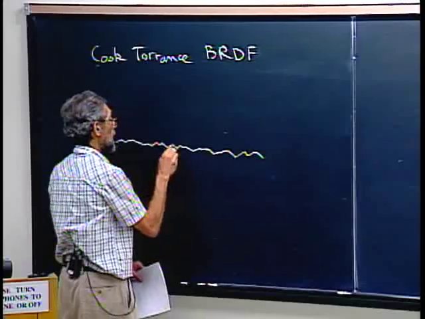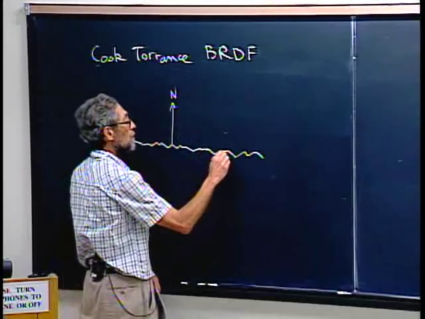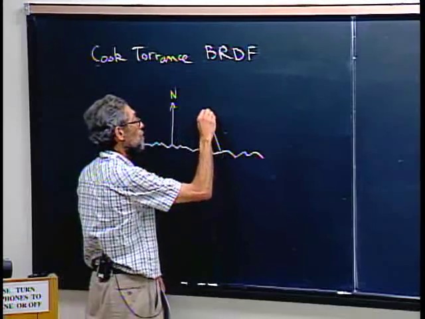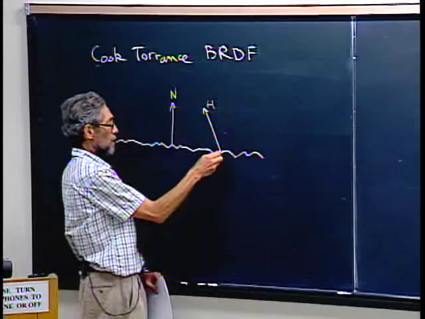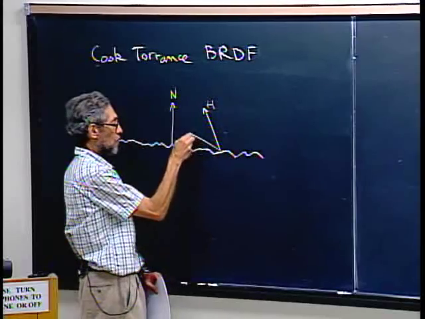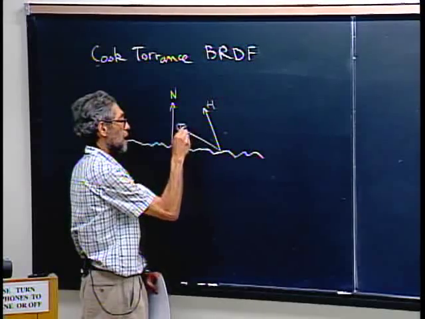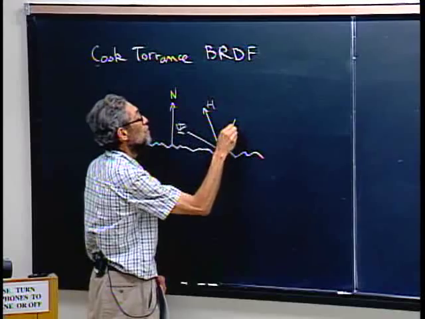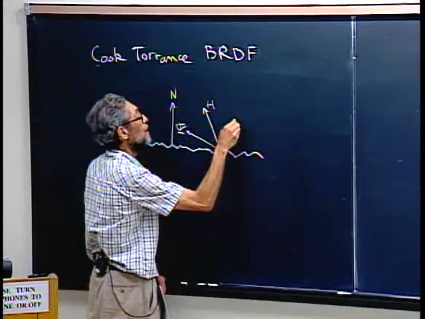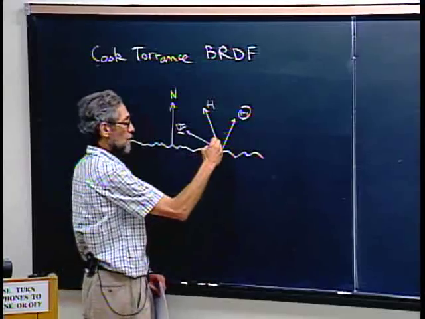So the average surface normal is n, but a facet normal that catches the light from input direction, say psi, and reflects it exactly into viewing direction, say theta, makes these two angles equal.